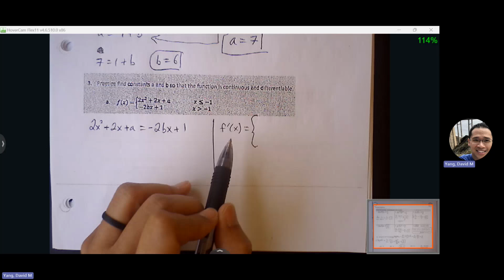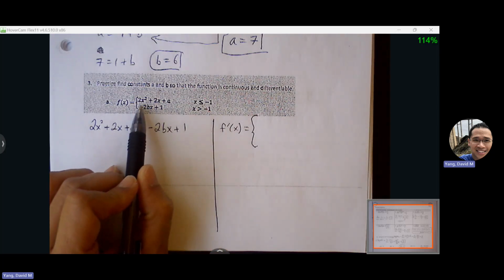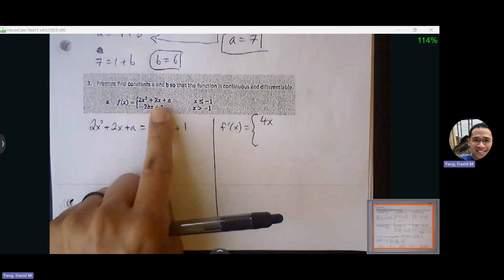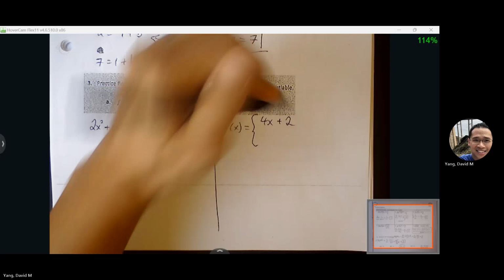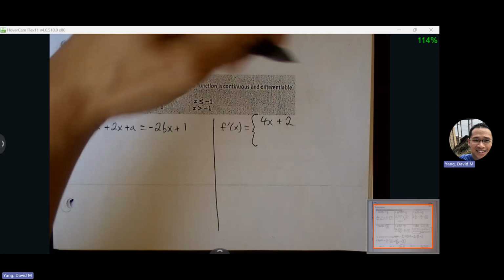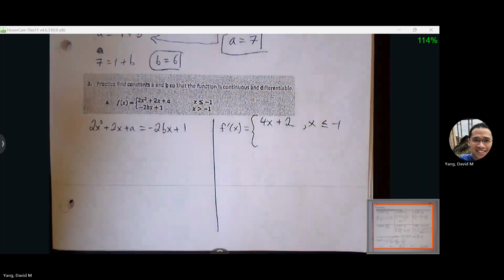All right, let me just see what you guys have for f prime. Let's talk about each of these pieces here. 2x squared becomes 2x. a becomes 0. Good. A becomes 0. And this is where x is less than or equal to.